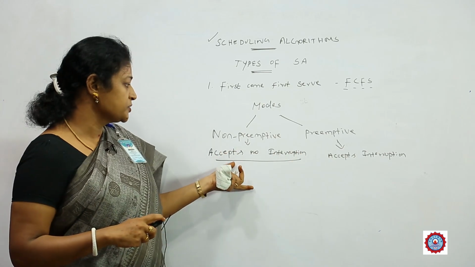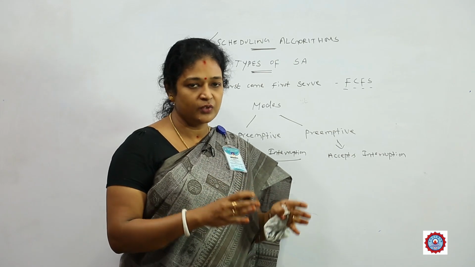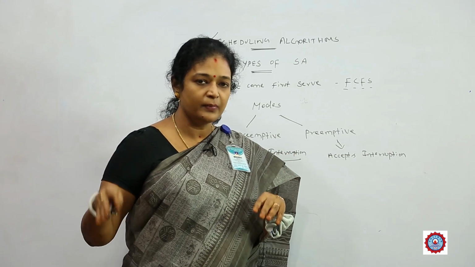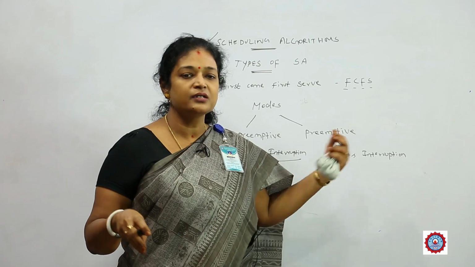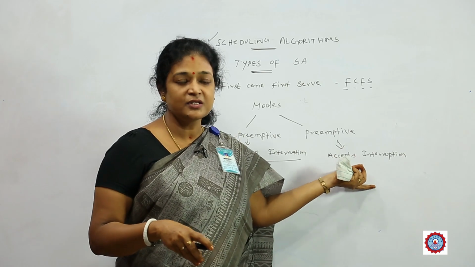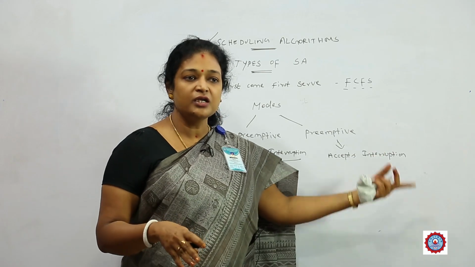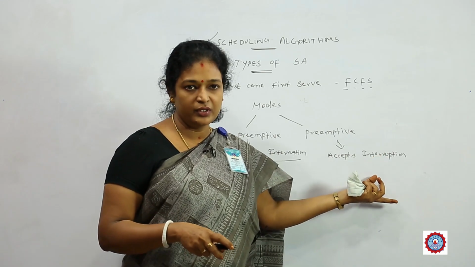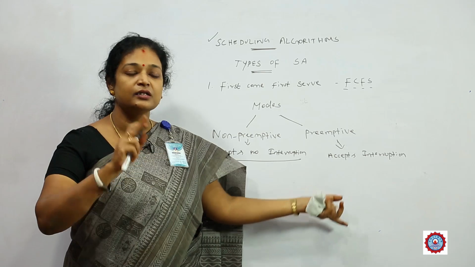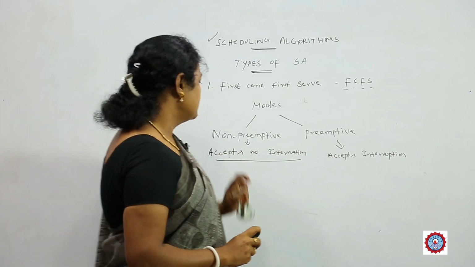So, in no interruption, any process with the highest priority, even if it requests the CPU, won't be allowed until the completion of the task. Only after the execution of the current task will the CPU accept the next process. And accepts interruption means that even if the current process has not completed its execution, if any other process in the ready queue asks for the CPU, it is accepted and that process will be allocated to the CPU. So, that is the major difference between these two.